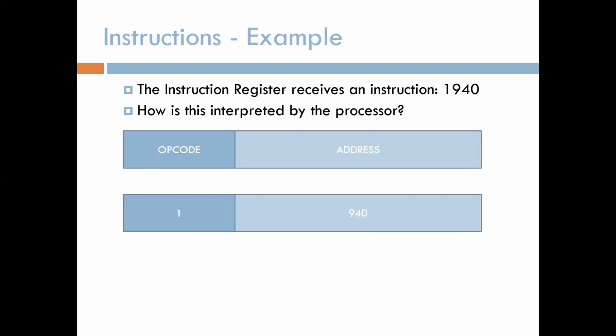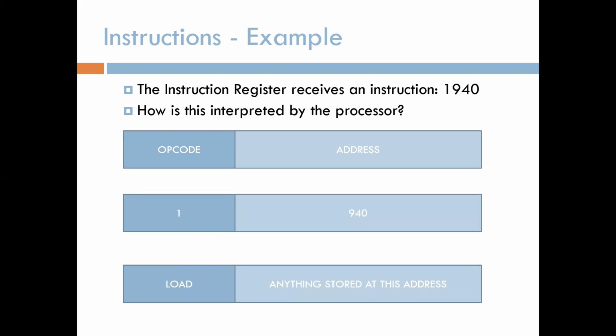And then 940 is the address of the data that we'd like to access. So it's saying load whatever is in 940, load anything stored at this address. And this is how instructions are decoded in a processor. This is the most basic idea that we can have.